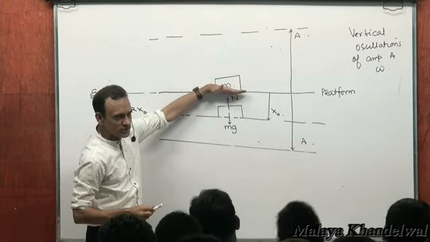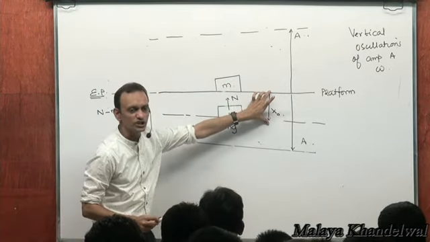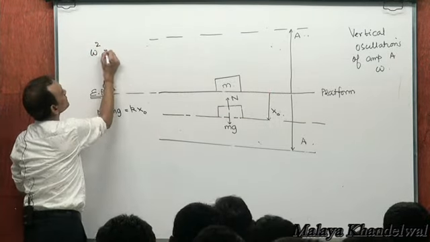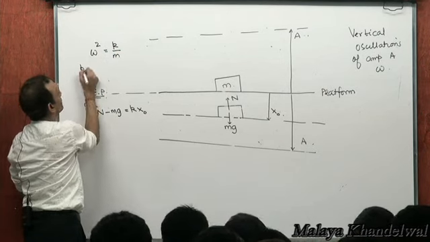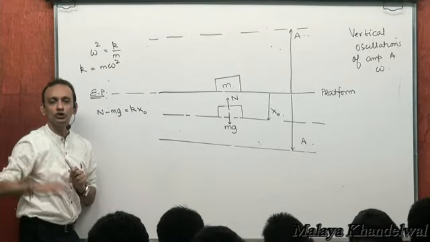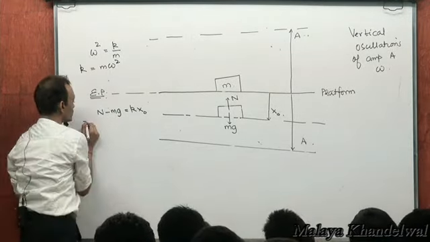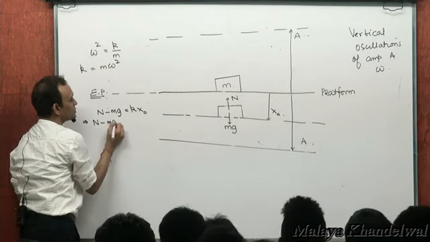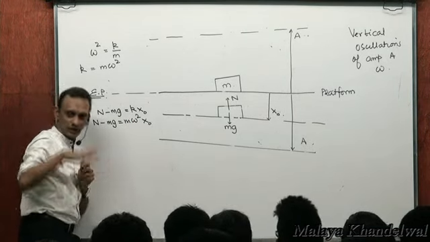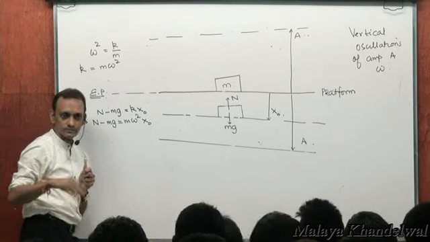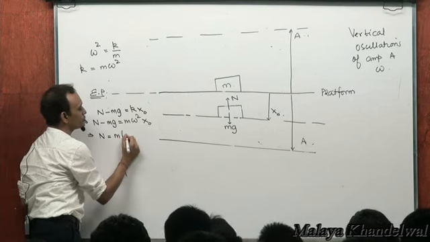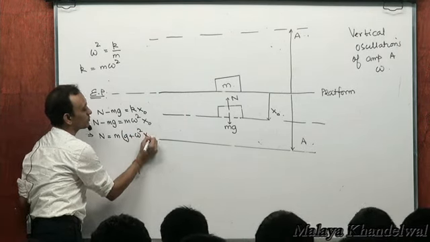The magnitude of the force towards the equilibrium position must be proportional to the displacement from it, where omega squared is k by m. So k could have been written as m omega squared, where omega is the angular frequency of oscillation. This gives N minus mg is m omega squared x naught, where the platform is x naught units below the equilibrium position. N therefore must be m into g plus omega squared x naught.